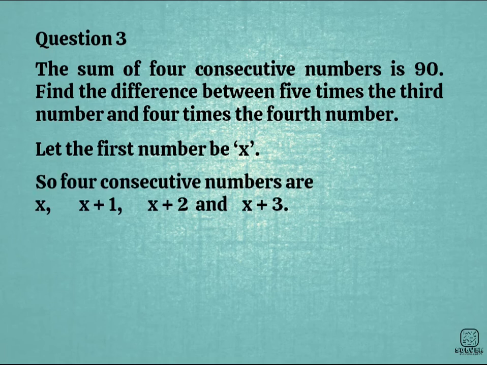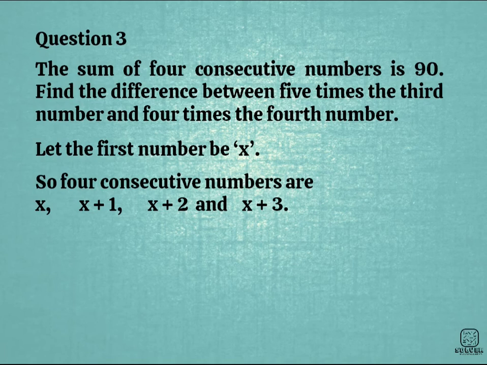So the 4 consecutive numbers are: first number is x. Then the next number will be x plus 1. Then the next number will be x plus 1 plus 1, that is x plus 2. And the next number will be x plus 2 plus 1, that is x plus 3. So again the 4 consecutive numbers are x, x plus 1, x plus 2 and x plus 3.